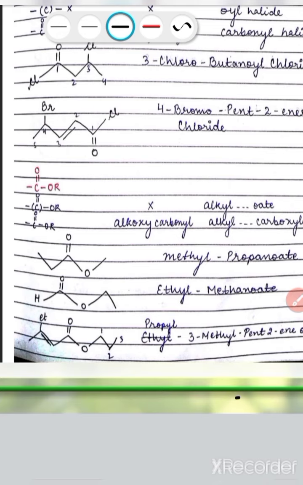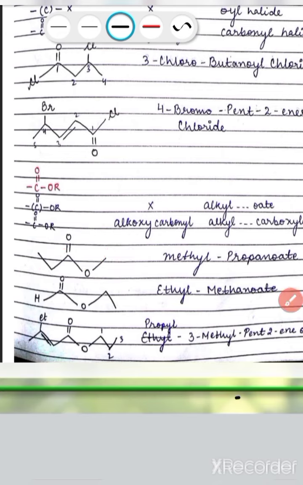Now let us move into its example. So our first example is this. In this, the part which contains the CO group will form the main parent carbon chain. Whether this chain is long, it could be ethyl, propyl, butanoyl, or some complex chain also, but this will be our main parent chain.